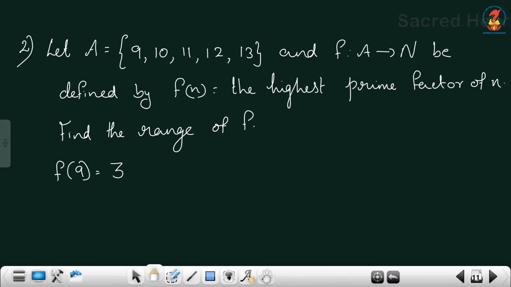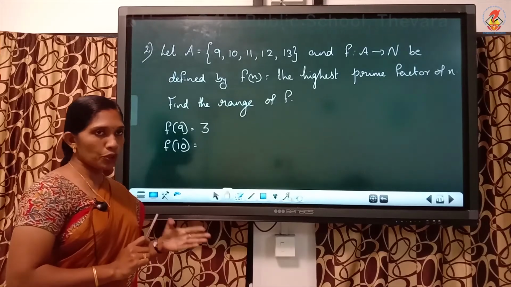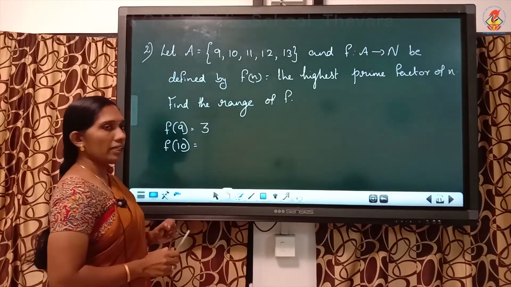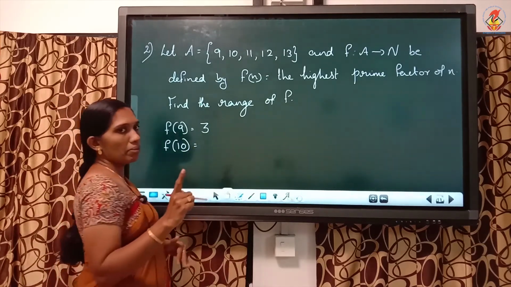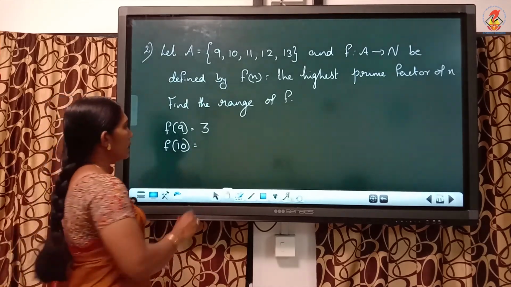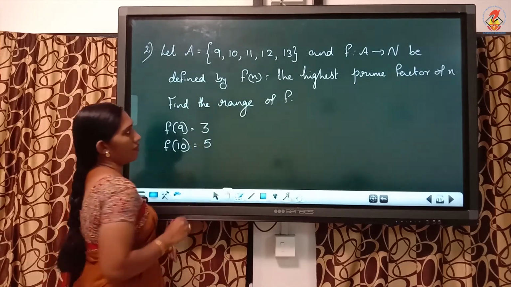The prime number is only 3, so that is the highest prime factor. Now f of 10. Which is the highest prime factor of 10? Only 1, 10, 5, 2 are the factors of 10. 2 is a prime number, 5 is also a prime number. The highest one is 5.